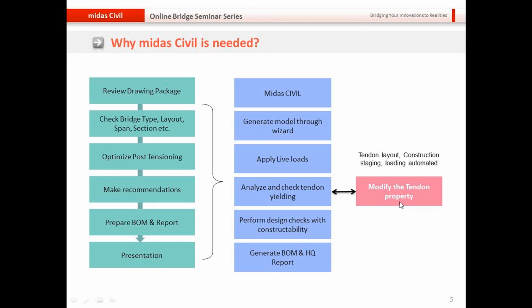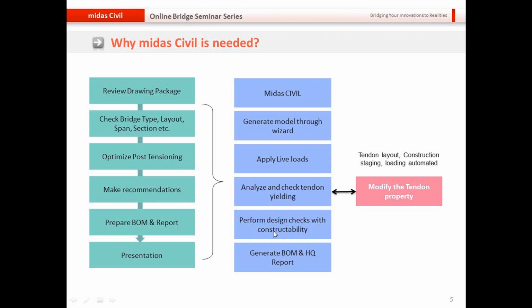And then once you have got an optimal solution, you can go ahead and perform the design checks and constructability checks to seal your iterations. So as you can see, you need not go all the way back to redo everything, but you can take care of the entire iterations by quickly modifying the tendon property.